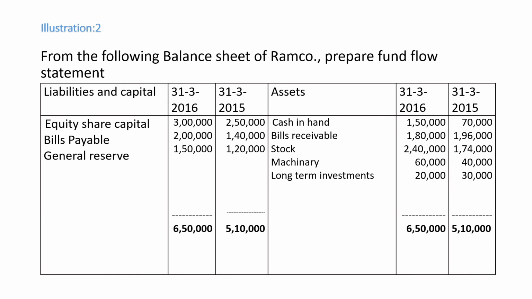See the second problem. From the following balance sheet of Ramco, prepare fund flow statement. See the liabilities and capital: equity share capital, bills payable, general reserve for two years, that is 2015 and 2016.